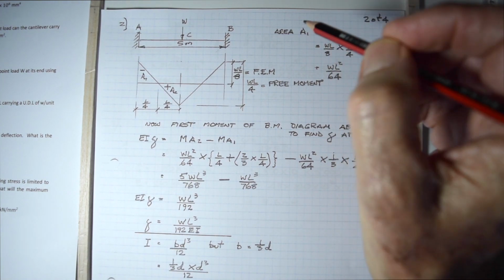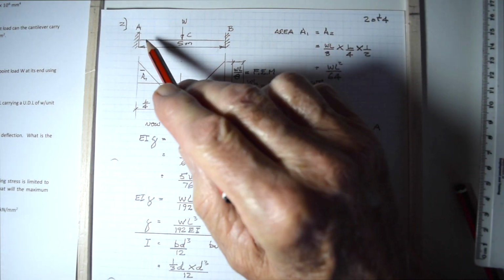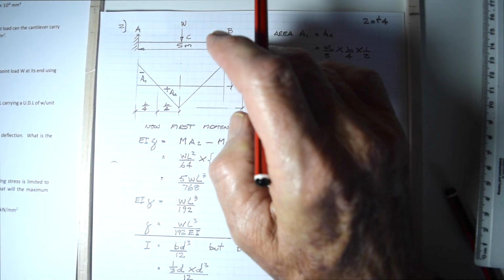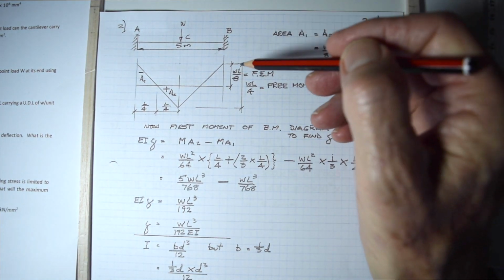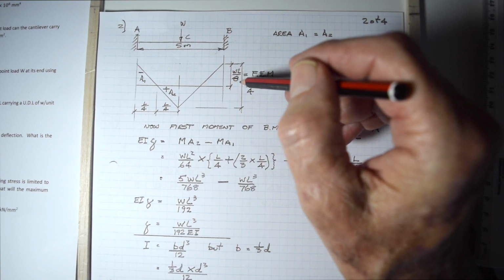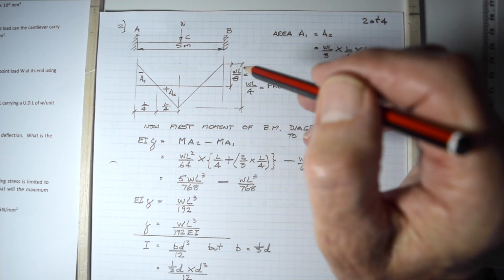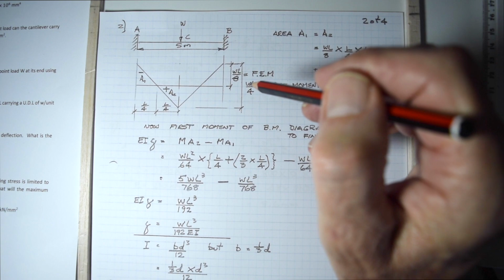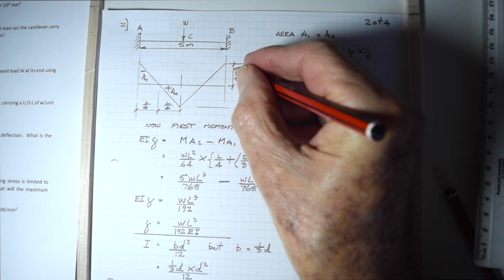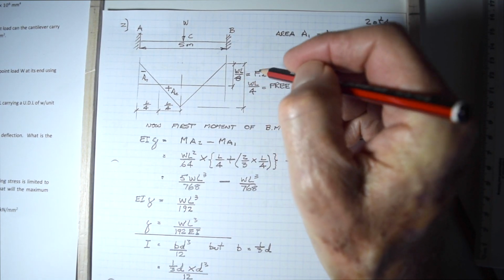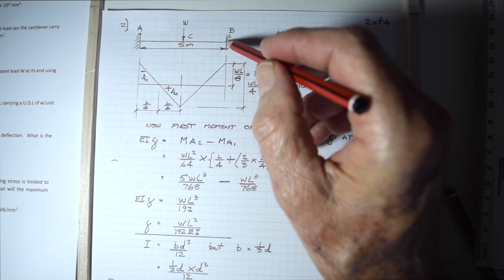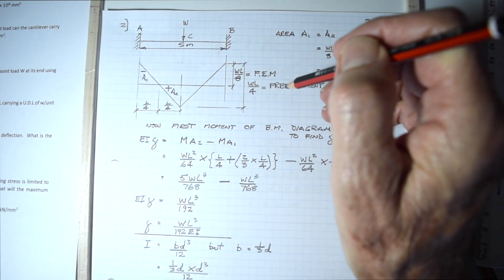Now, the fixed end moments for a beam that is built in on both ends, and you can look these up on tables, you could even look them up on YouTube if you wanted to. The fixed end moments there happen to be WL over 8. Oh, sorry, not little w, big W, because of the central point load. Big WL over 8 is the fixed end moment, the moment generated at the support when you put the load on it.